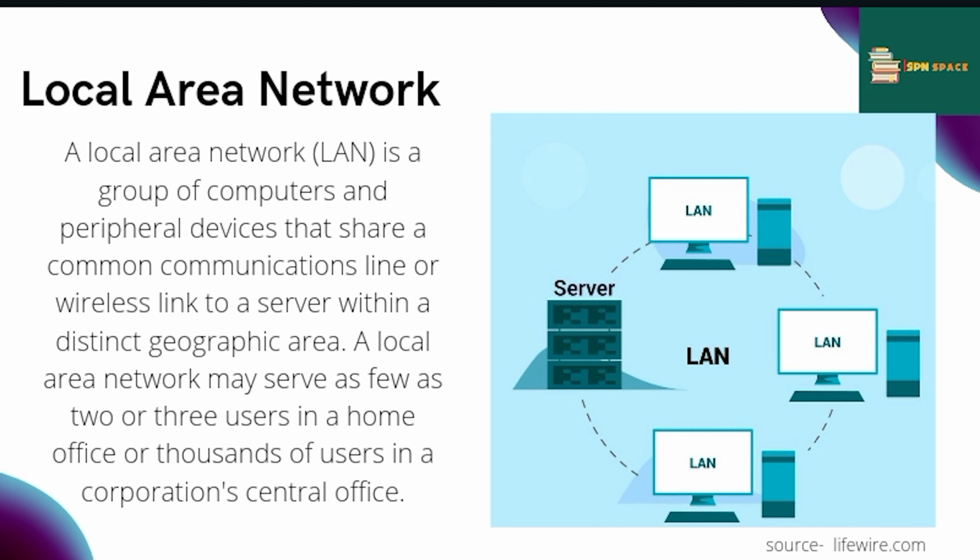So a LAN, as the name suggests, works only over a small area. It has a server and a few devices connected, ranging from 2 or 3 users to 1000 users.